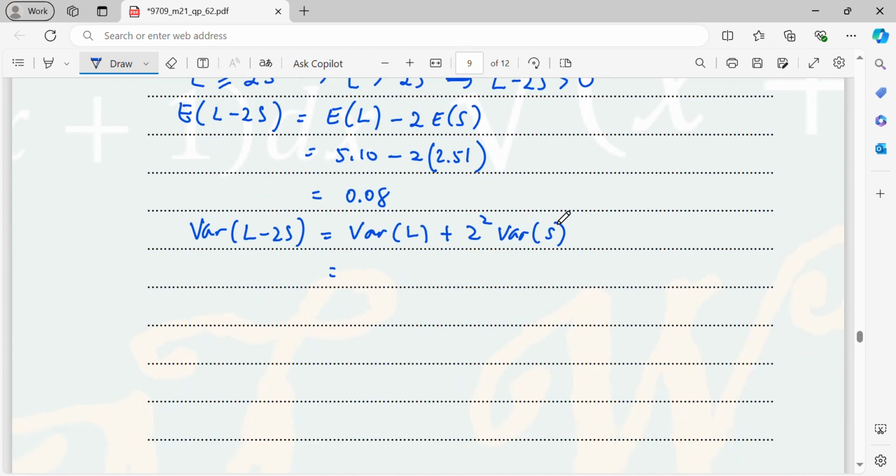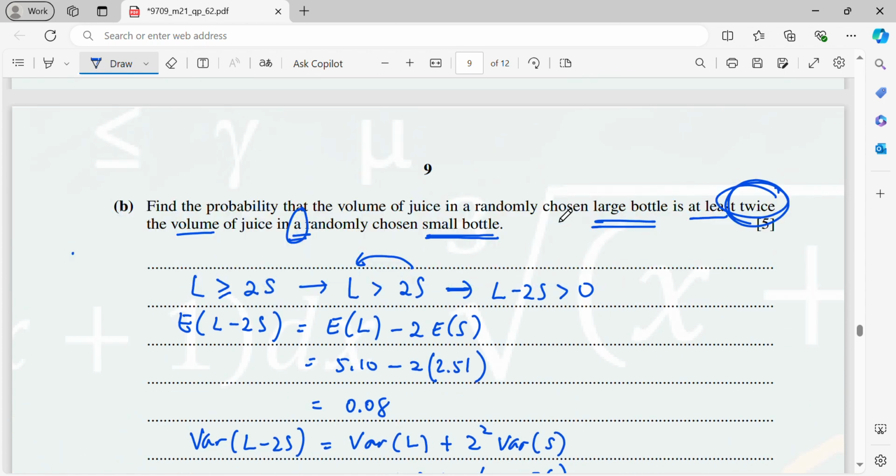So just replace here: 0.0102 plus 4 times 0.0036, right? Then you will be getting the answer of 0.0246.